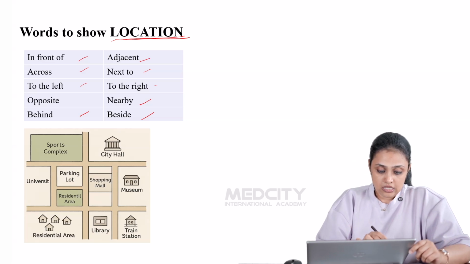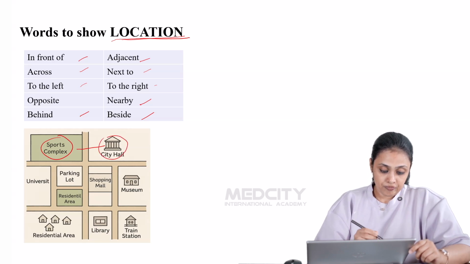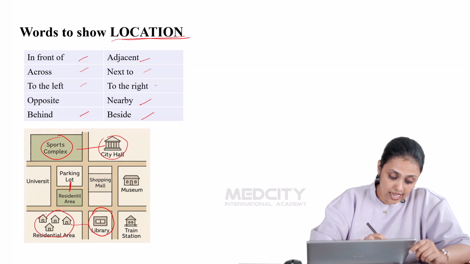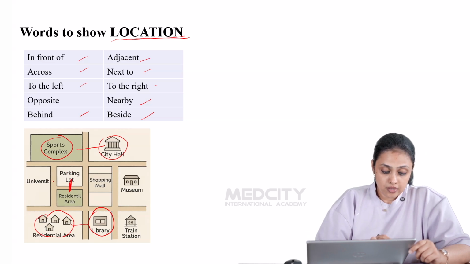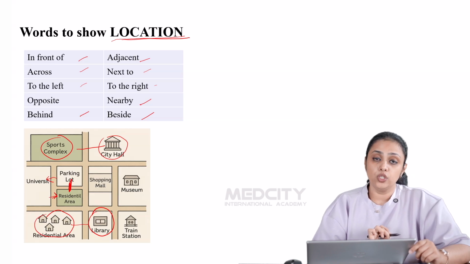For instance, you can say the sports complex opposite to the city hall, or the library opposite to the residential area, or the parking lot adjacent or beside the residential area, or the university behind the parking lot, or the residential area in front of the university.